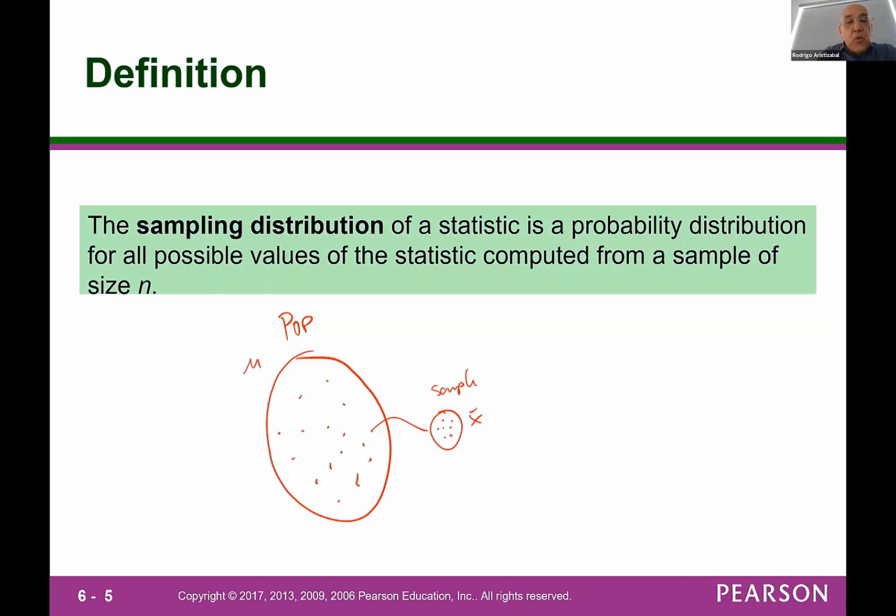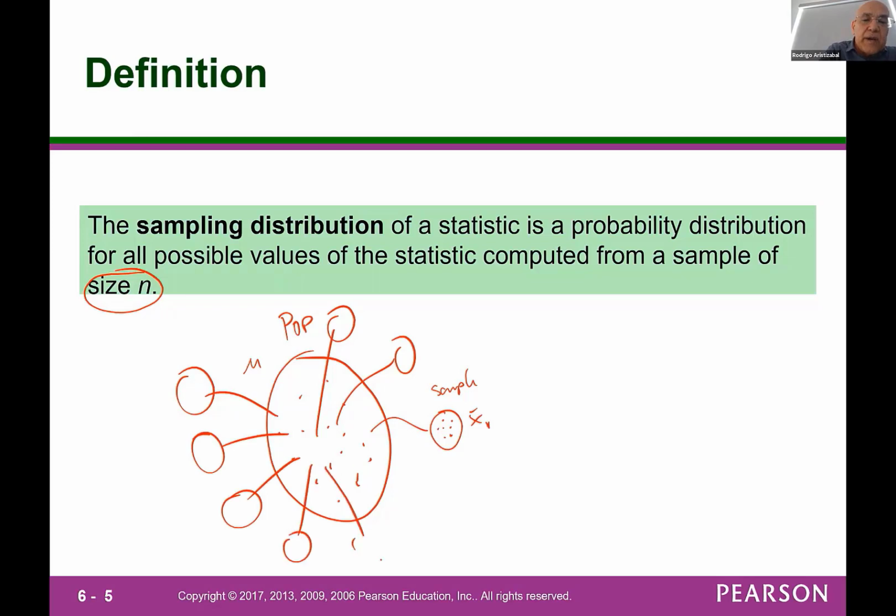If we are going to select one sample of size n, we are interested in knowing the distribution of all possible sample means obtained from samples of size n. But to study that, we need to obtain all possible samples, or a large number of samples, of the same size.